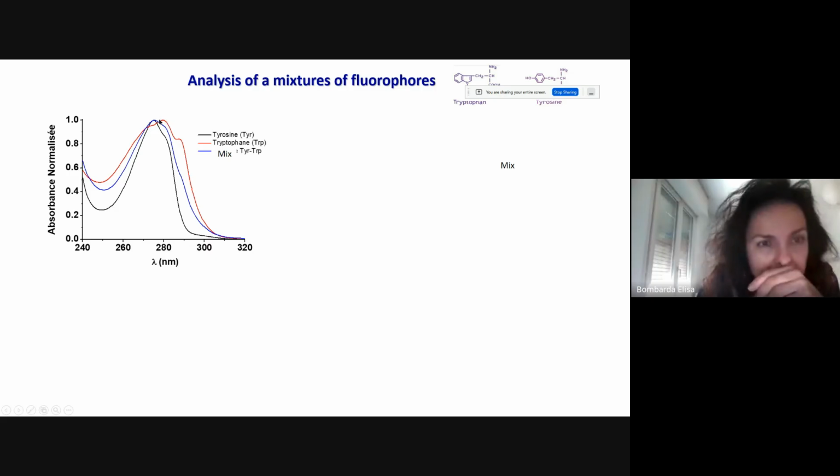The spectra are normalized just to show the difference in shape. The black is the tyrosine and the red is the tryptophan, alone. And the blue is the mixture.